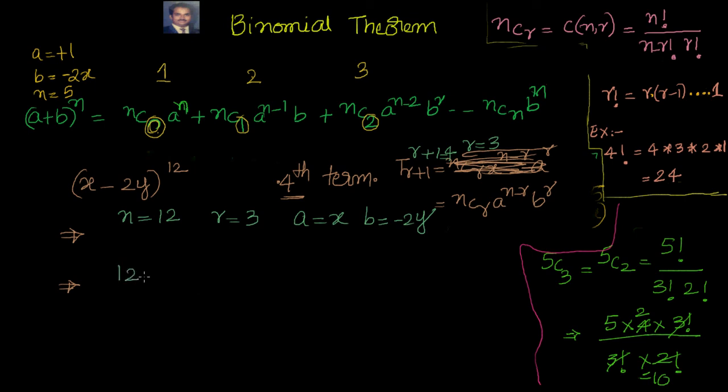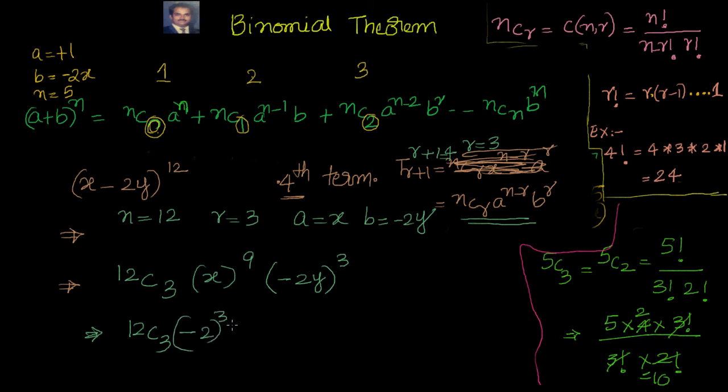So this becomes 12 C r, r is 3, a is x, 12 minus 3 is 9, correct, into minus 2y whole cube. Simple. 12C3 into minus 2 whole cube into x to the power of 9 into y cube.